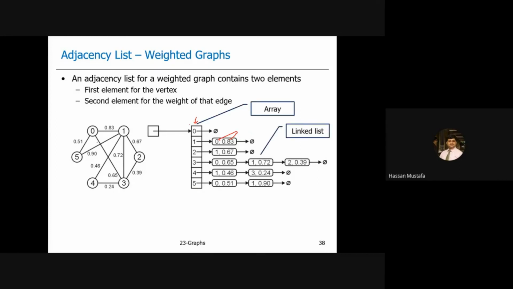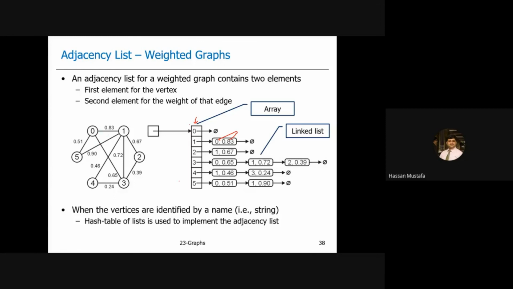In case, for example, we just have these names as strings, for example, if this is a person, it can be the ID number, or maybe the name of that person, or maybe some unique string. If that's the string, then we can simply hash this value, this 0 or 1. Maybe the name was person XYZ.